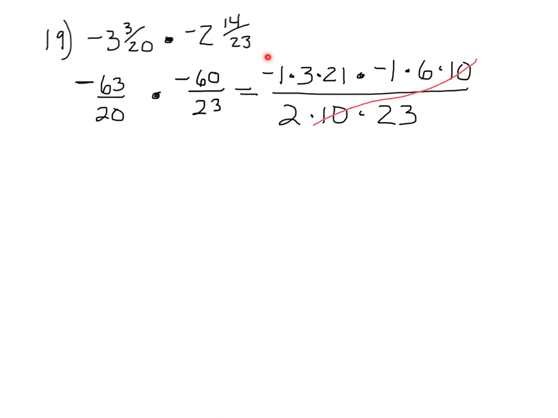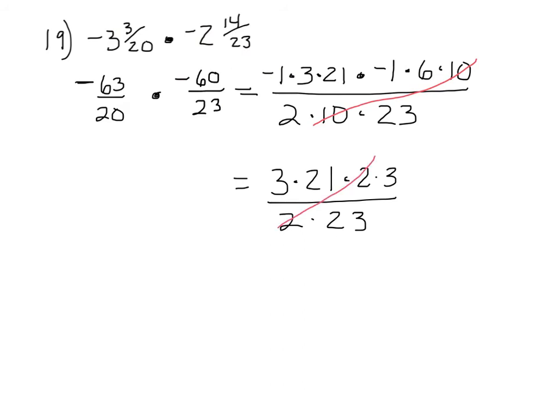Look, a negative 1 times a negative times a negative is going to be a positive, so it takes care of that. So now I have a 3 times a 21 and 6. I'm going to write 2 times 3. Underneath I have a 2 times 23. That helps. I can cancel the 2's. 2 over 2 is 1. And I believe I'm going to get my final answer.